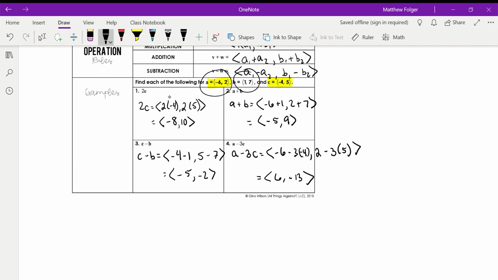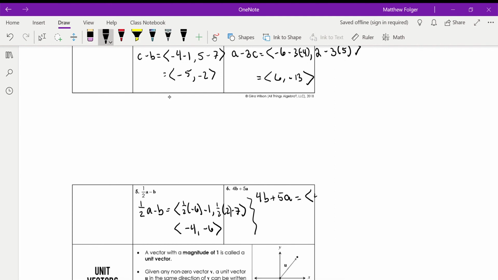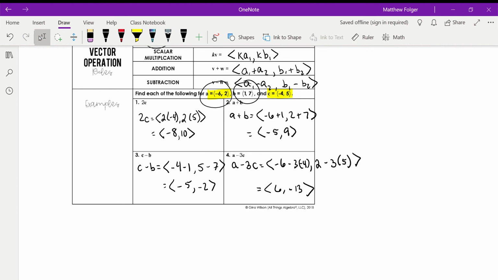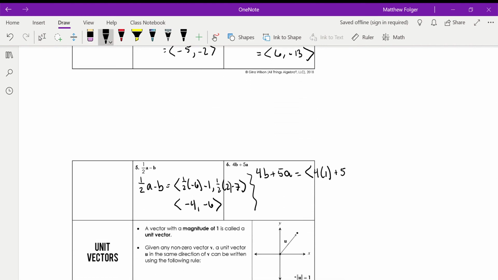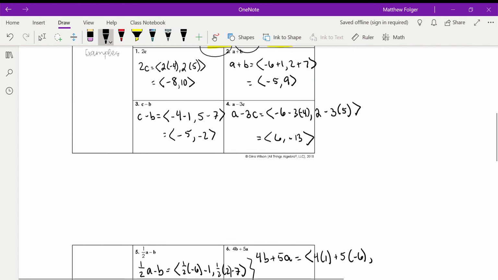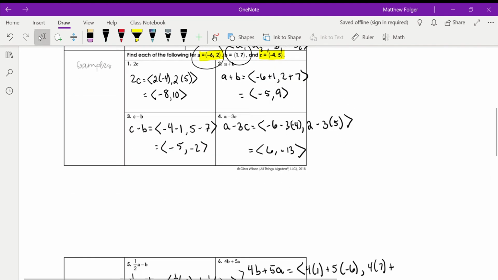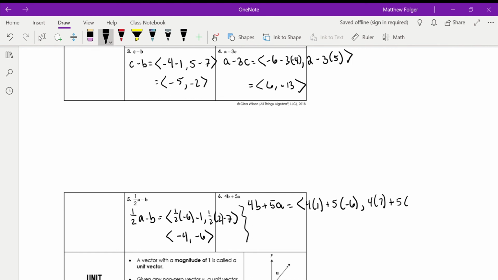So 4b is 4 times 1 plus 5a is plus 5 times -6, comma, and then do the same thing with the second points. 4b is 4 times 7 plus 5 times 2. So doing these operations, 4 plus -30 is -26, comma, 28 plus 10 is 38.